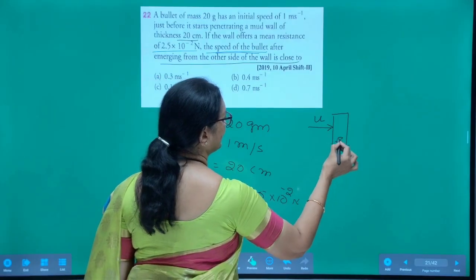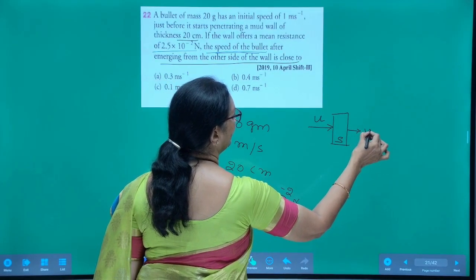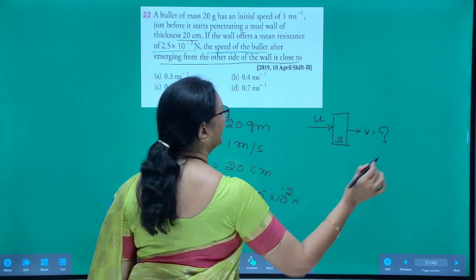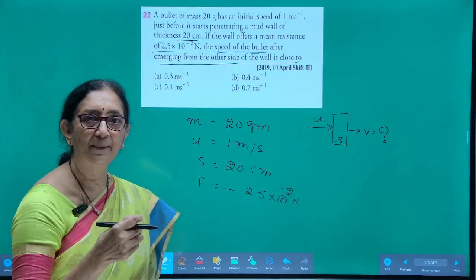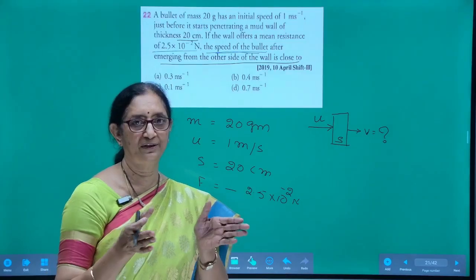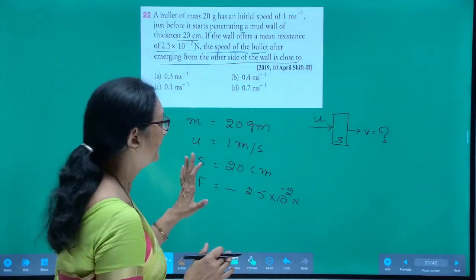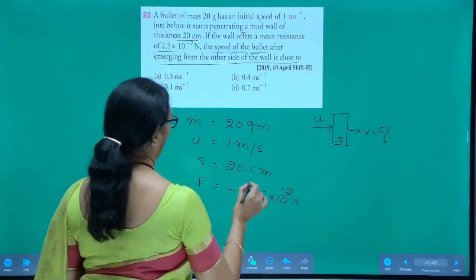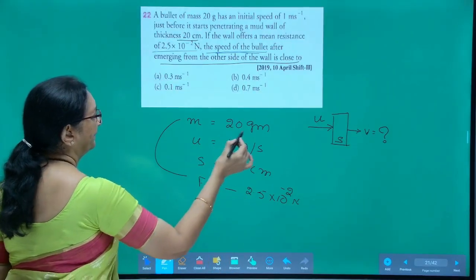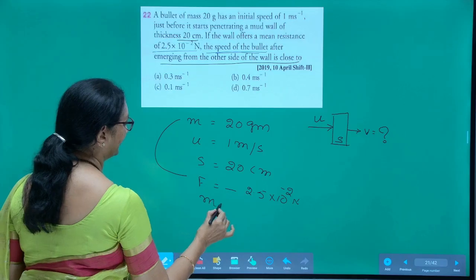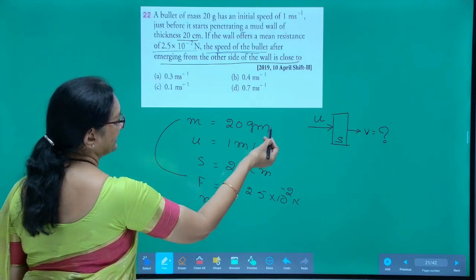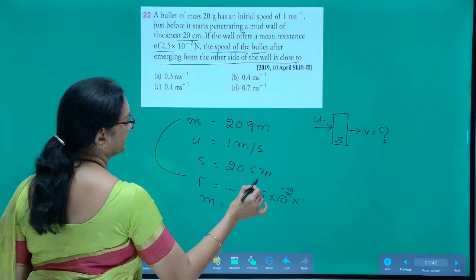This is S. You are asked to find the velocity with which the bullet is emerging out of that wall. Now, look here. From this, you convert that mass to kg, because this is given in CGS system.